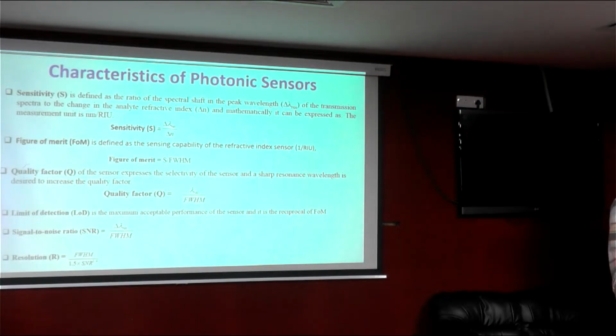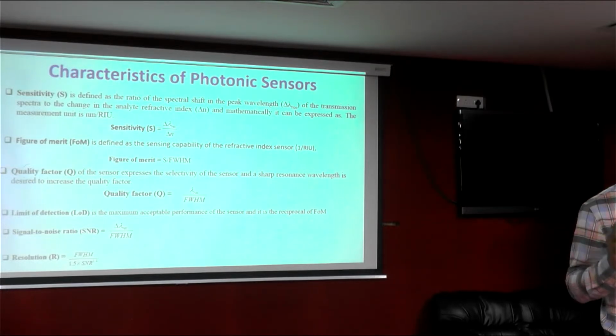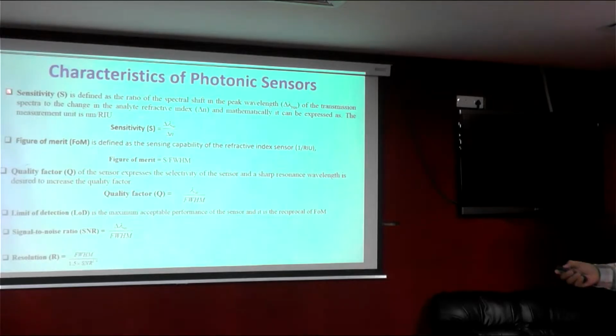If we want to design a photonic sensor, you must keep in mind these few parameters related to the sensor. If these parameters are not good enough, then your sensor is also not good. So you remember these parameters. The first parameter is sensitivity.